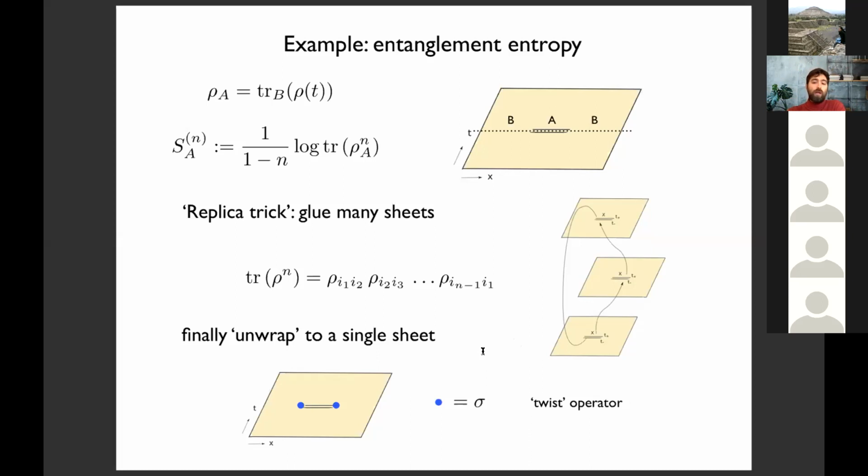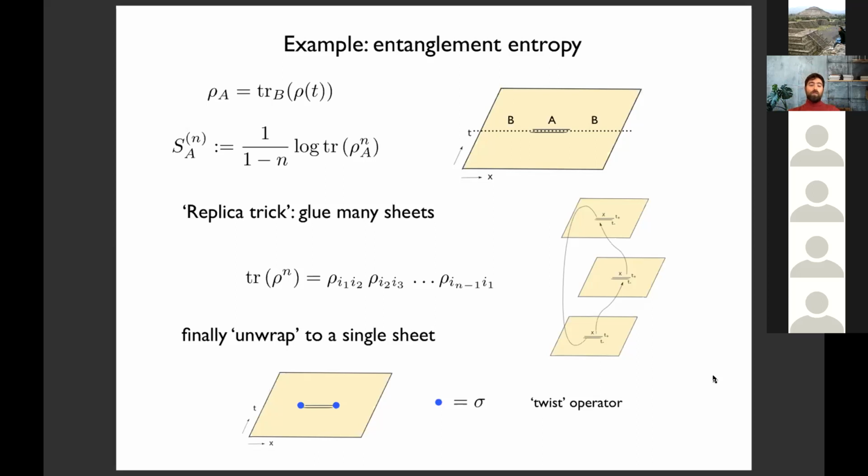Now, when you do that, you have to pay a price because you had to unwrap this complicated surface. The price you pay is that you have to introduce on the endpoints of the slit what's called a twist operator, depicted with these blue dots over here.